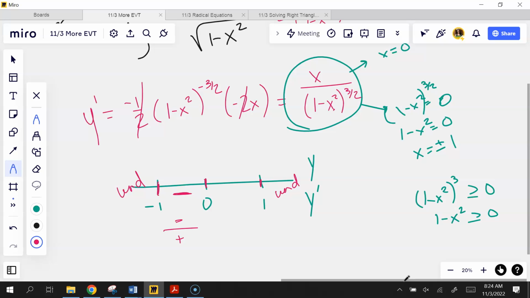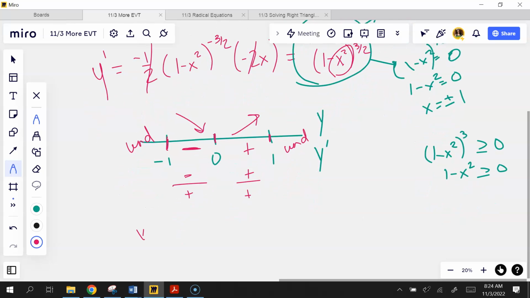Between 0 and 1, this down here is going to stay positive because I'm squaring the x, and 1 minus a half is, of course, a positive number. But up top, I'm positive this time, so I'm positive. So I'm decreasing, then increasing. So I do have an absolute extreme point here, or I should.